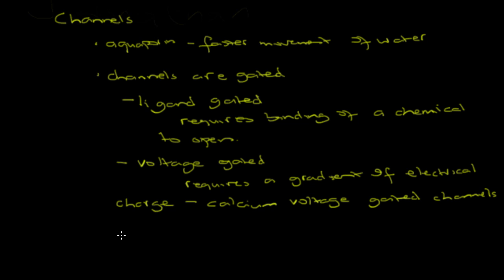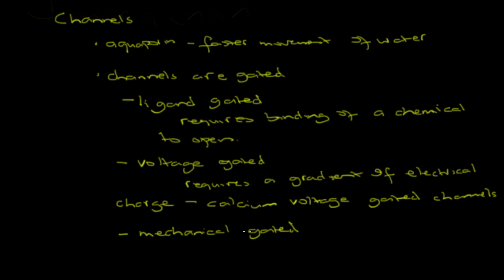And then the final type of gated channel is a mechanical gated channel. And this requires a specific tension to open. And an example of this is in smooth muscle around the blood vessels. It has a particular tonic contraction.